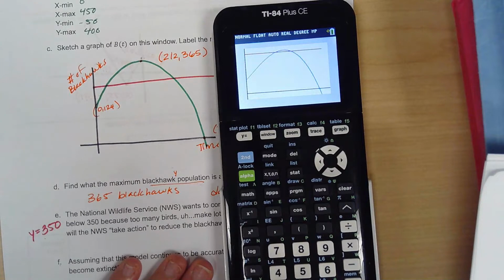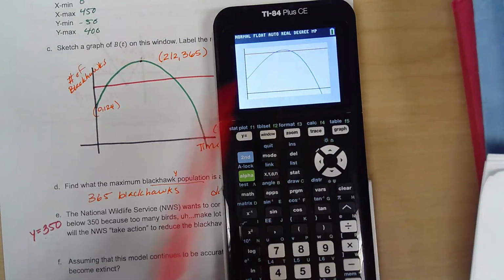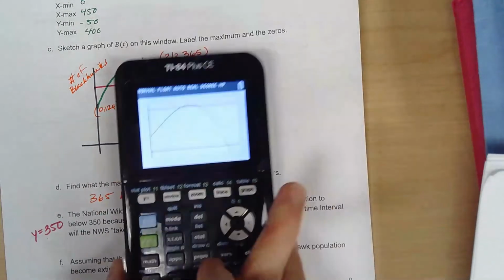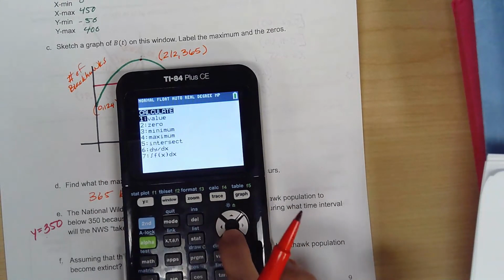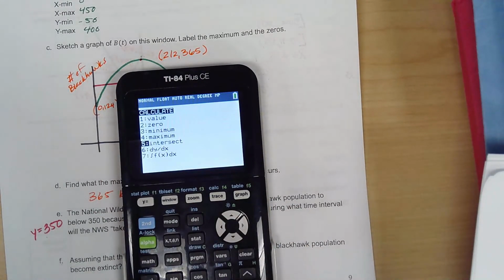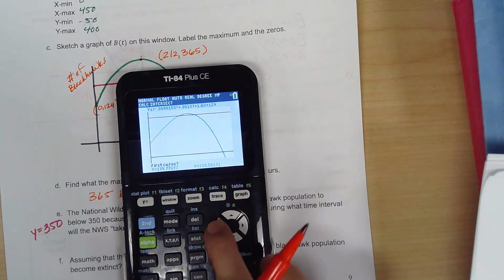See how it's going to hit my graph in two spots. What you want to figure out is where those two intersection points are, okay? So I'm going to show you how to do that if you don't know how. So you're going to go to second trace. This time you're going to pick option 5, which is intersect. You're going to use your left arrow key, and it's going to take you along this blue parabola here.